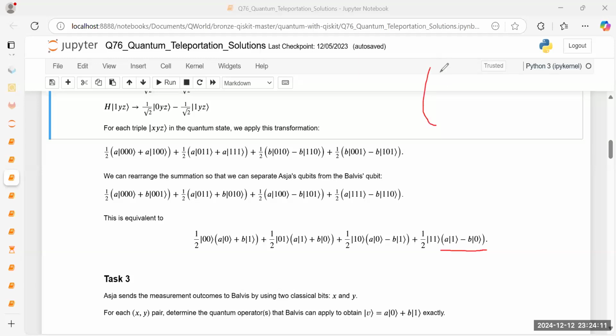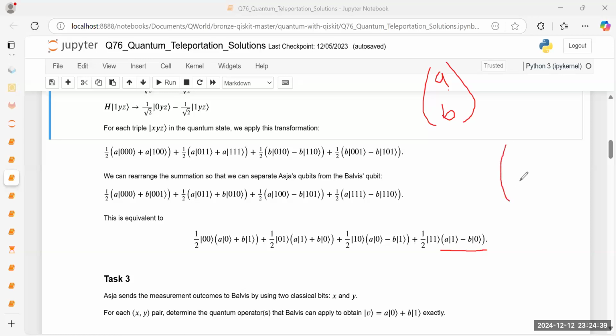So the state she initially intended on sending is AB. And if she measures and she sees 0, 0, then she knows that Balvis has AB. And we're done with the teleportation protocol. But let's say she measures and she sees she has 0, 1.